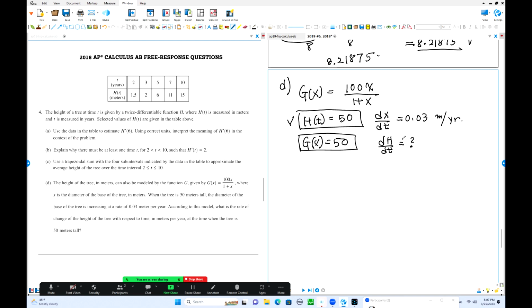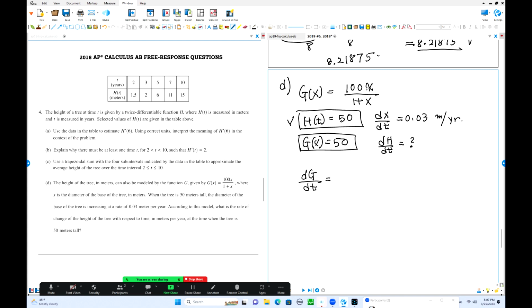What is the derivative of this one? dg dt equals how much, with respect to time t?